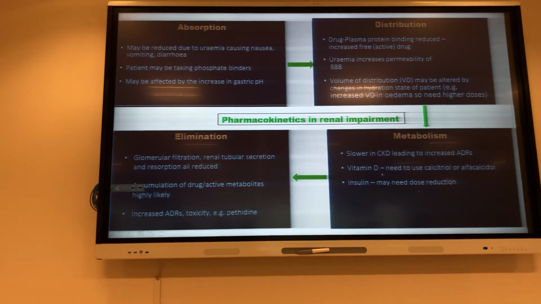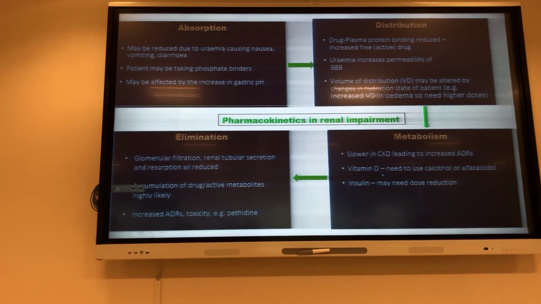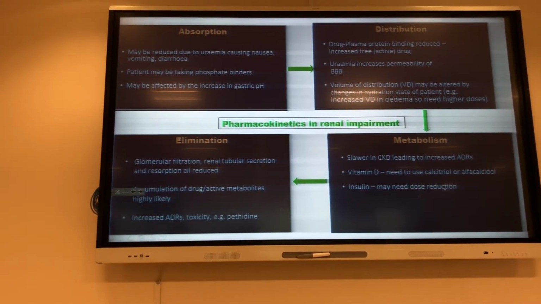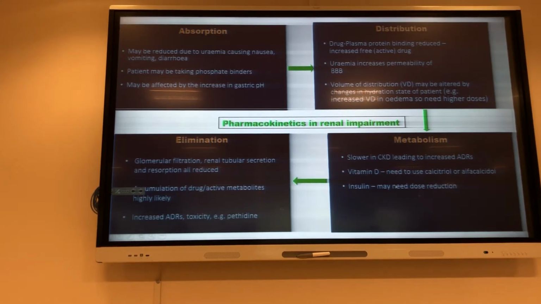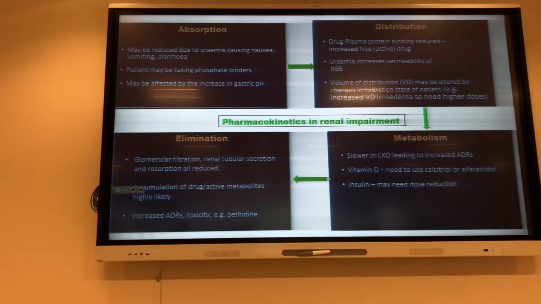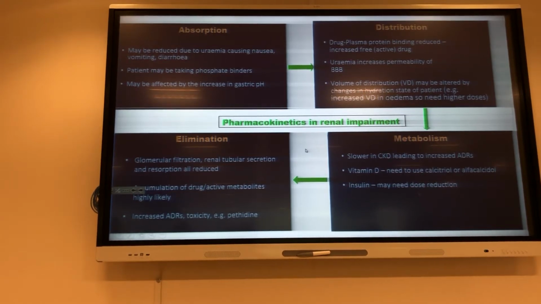But in these patients, because their renal function is impaired, we have to give them the active form of vitamin D. Insulin clearance is also reduced in renal patients, which means the patients can develop hypoglycemia.